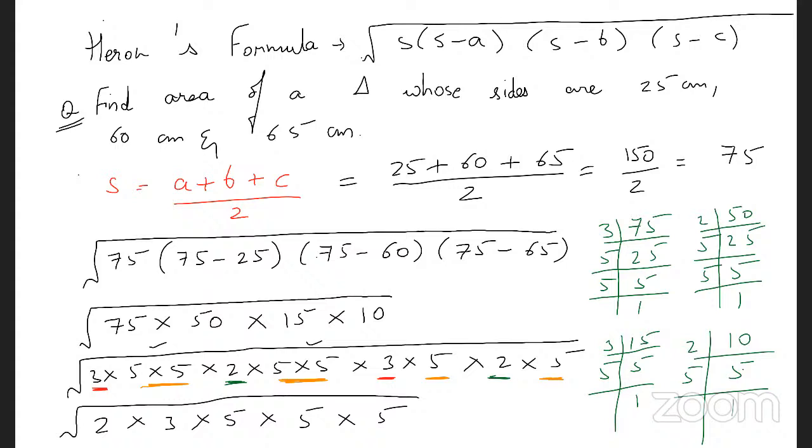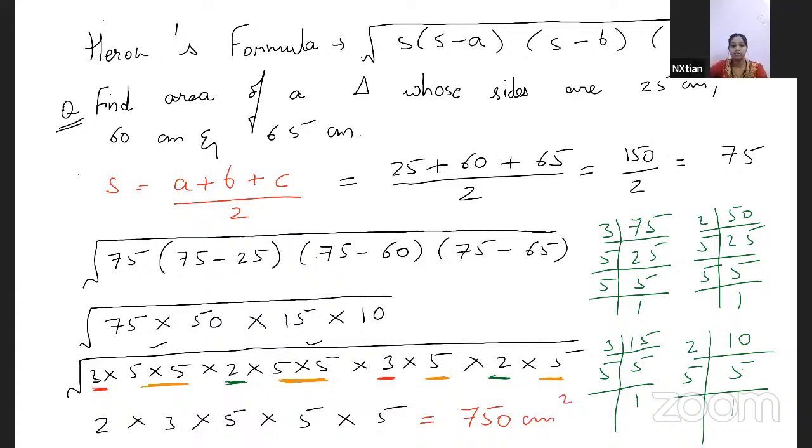Multiply these. Ma'am, we get 750. Ma'am, how come there's a square root over there? It should not be the square root, ma'am. Yes. Okay, so multiply them and we will get the answer 750 centimeter square. Why? Because it's an area.